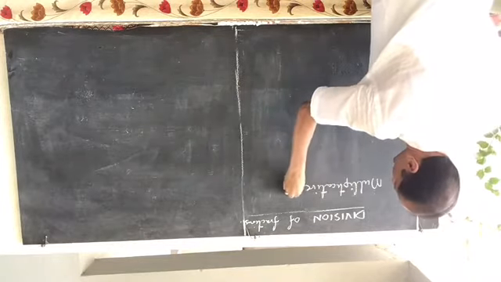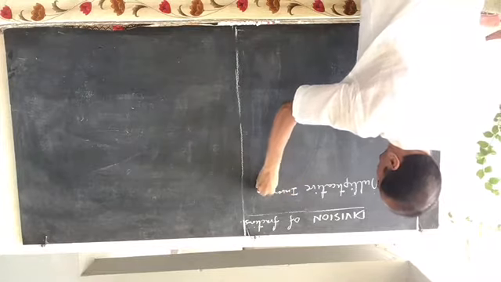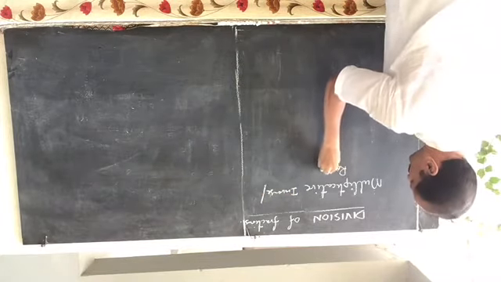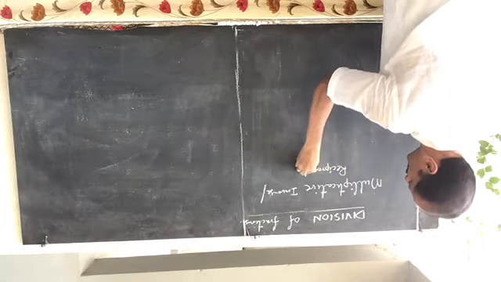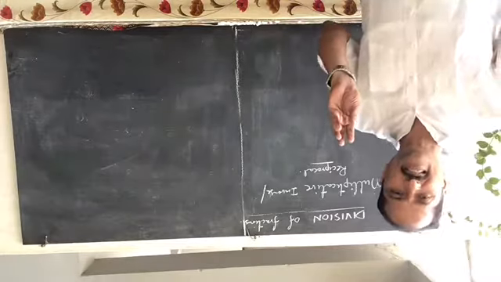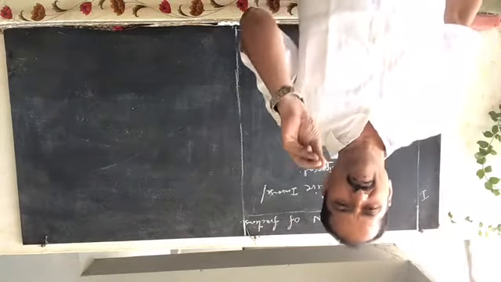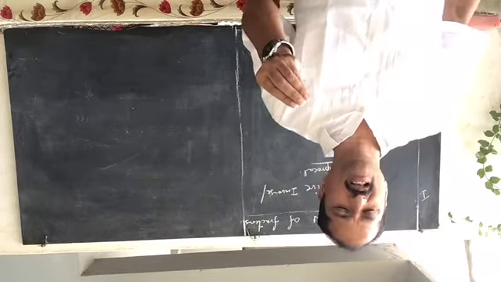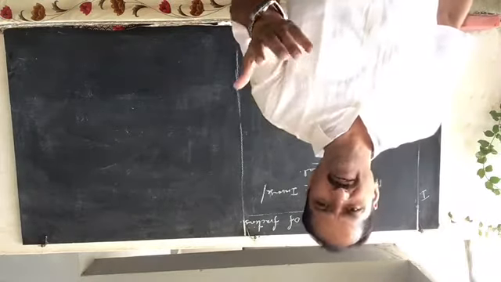Multiplicative inverse, or this is also known as reciprocal. Reciprocal means, for example, the reciprocal for a whole number, for a fraction, for a unit fraction also, will be there.